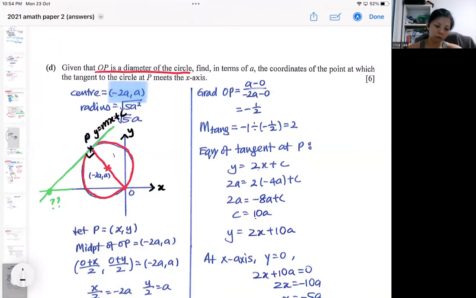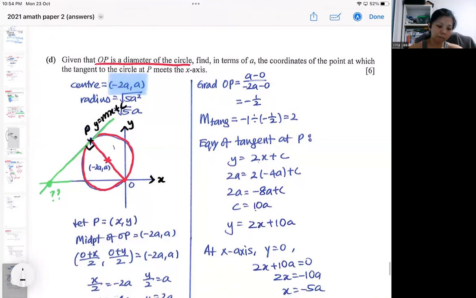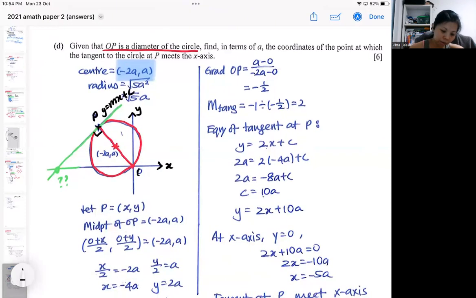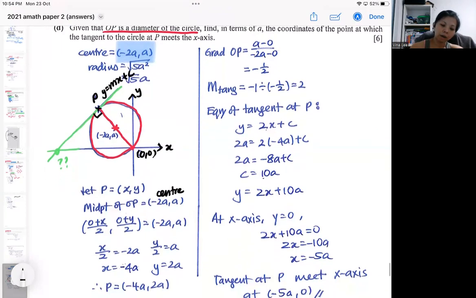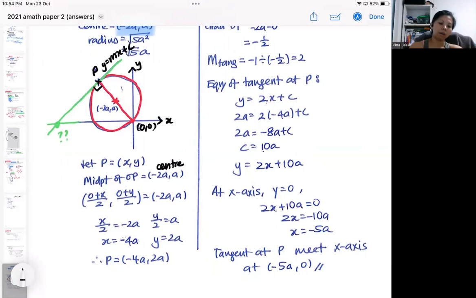So I'm going to find the coordinate of P by doing a midpoint, because OP is the diameter. That means the midpoint of OP will be the center. So I set up my P and do a midpoint, and I will be able to get the coordinate of P. My midpoint will be equal to the center.